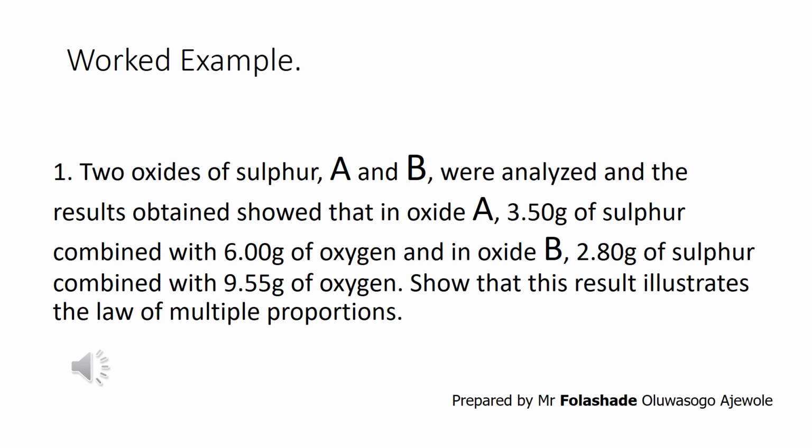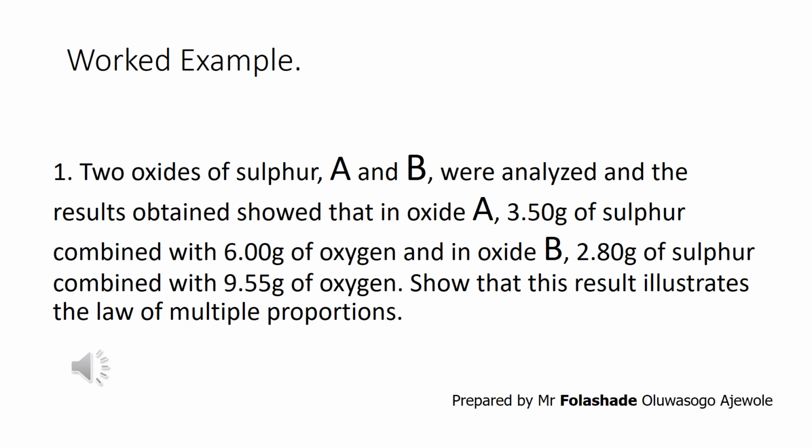Two oxides of sulfur, A and B, were analyzed, and the results obtained showed that in oxide A, 3.50 gram of sulfur combined with 6.00 gram of oxygen, and in oxide B, 2.80 gram of sulfur combined with 9.55 gram of oxygen.